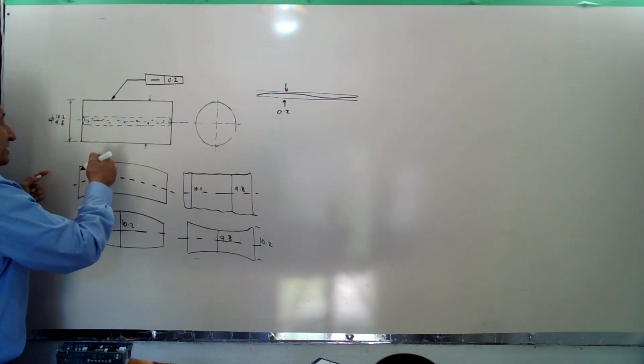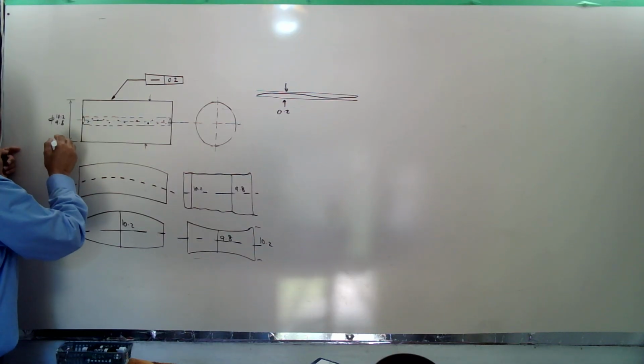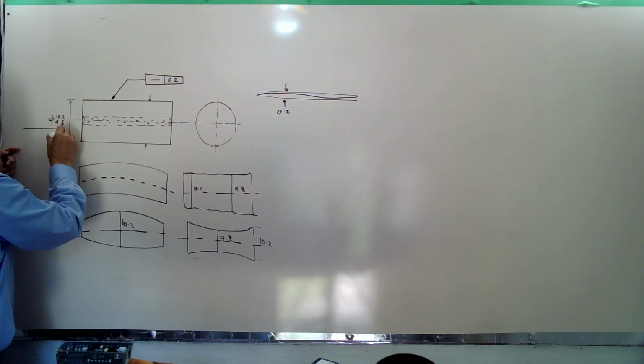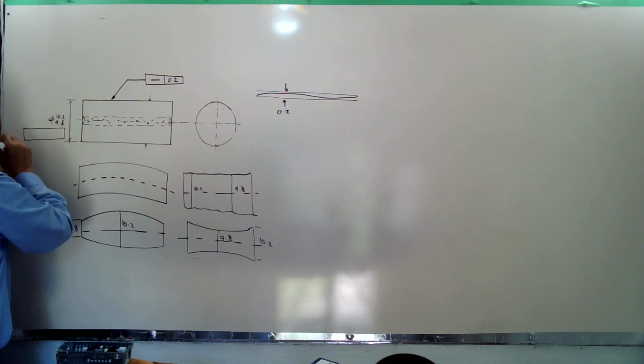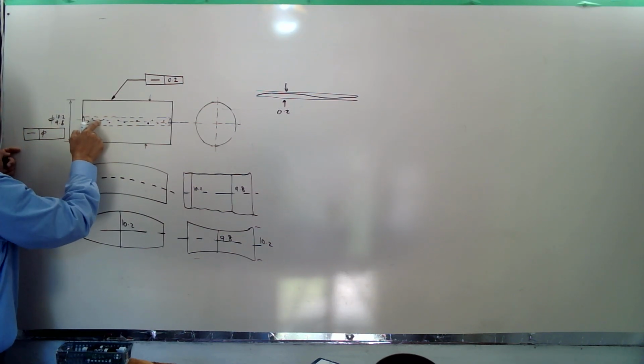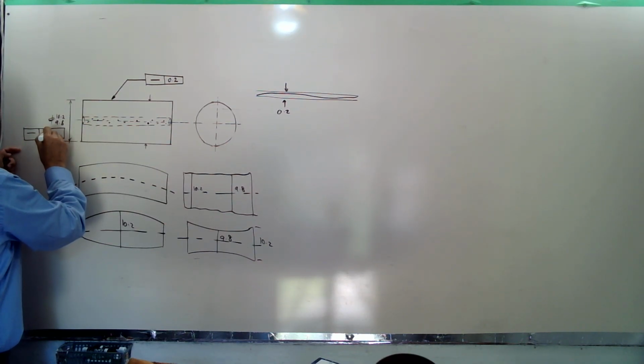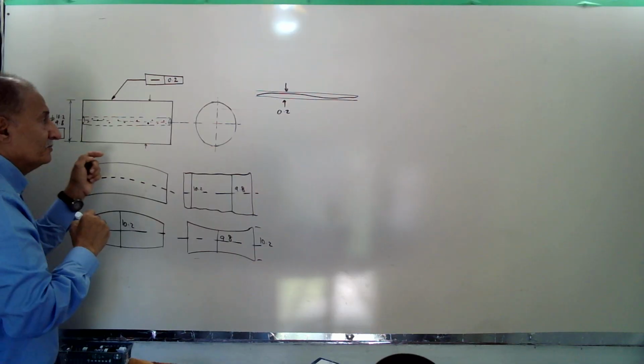Then, how can I send a message that I want to check the axis? The axis will also be checked through our feature control frame: a straightness tolerance, with phi that shows that there is a cylindrical zone, and point to here.